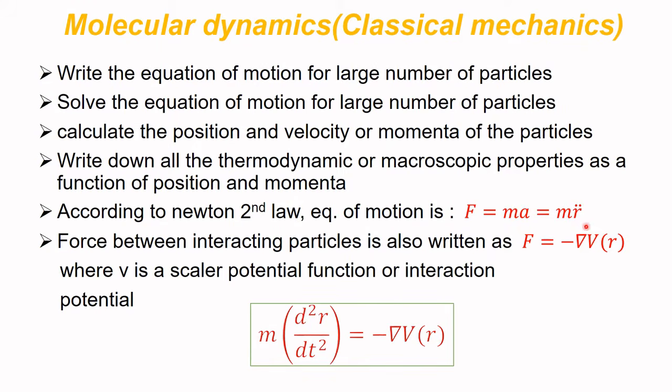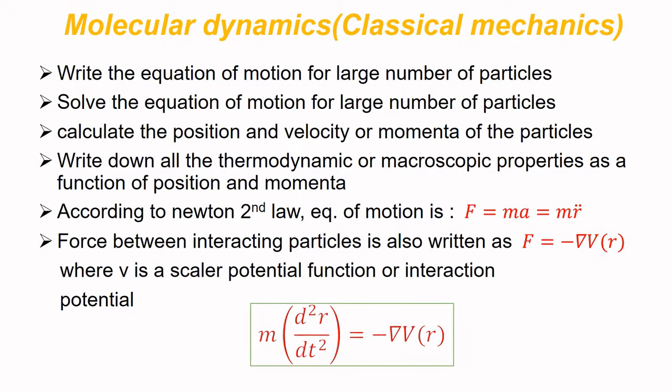We can have different types of interaction potential like LJ potential, like Morse potential, depending upon what kind of system we are studying. And the interaction potential is always dependent upon the distance between the particles in the system.